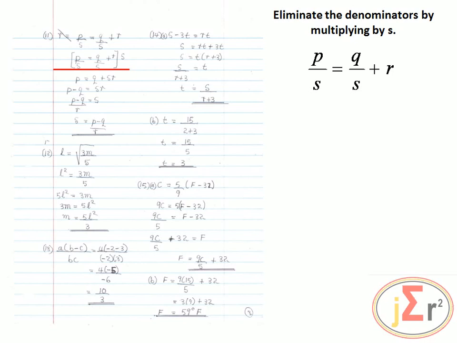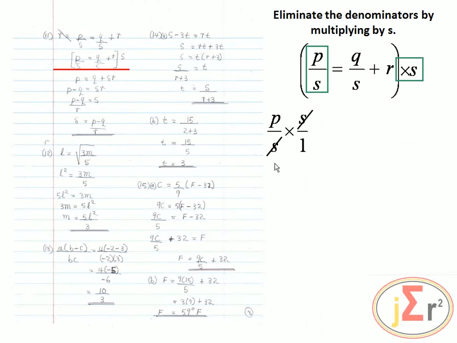First, we will eliminate the denominators by multiplying by S. So there we have the entire equation being multiplied by S. The entire equation being multiplied by S, we take the first fraction that we have here, multiply that by S. What do we know?